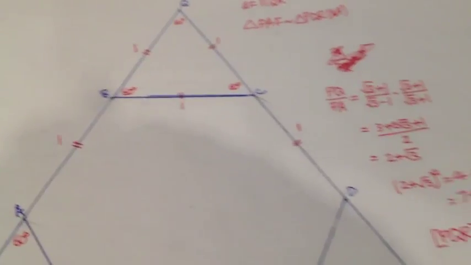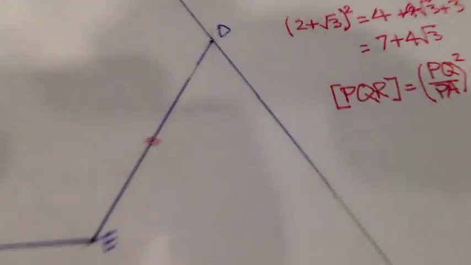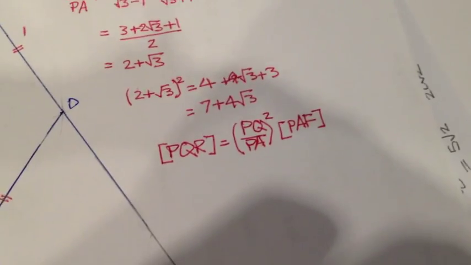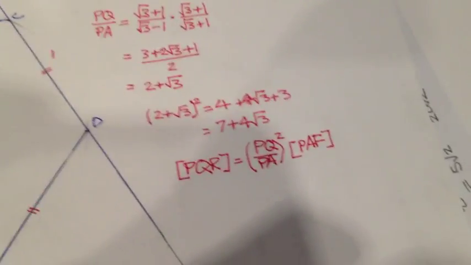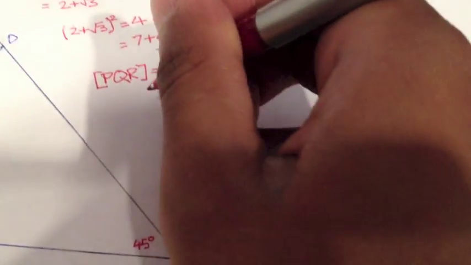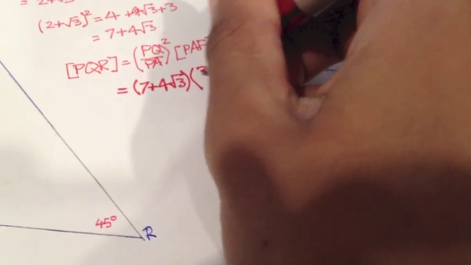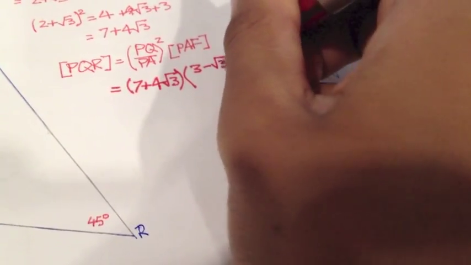Now, we can go back and we see this equation. So now all we need to do is plug in our components, and then we can find the area of PQR. So you get 7 plus 4 √3 times the area of PAF, which is, as we solved, 3 minus √3 over 4.